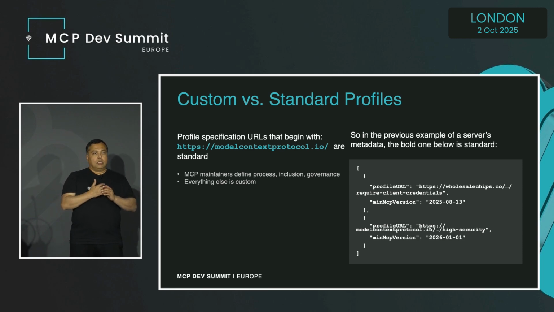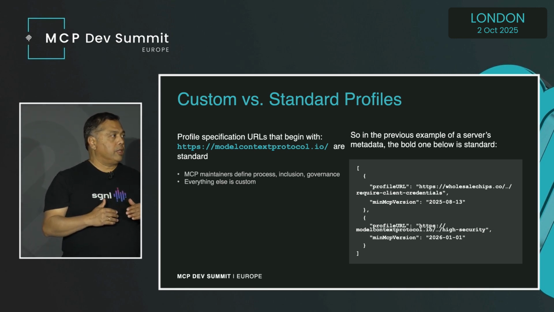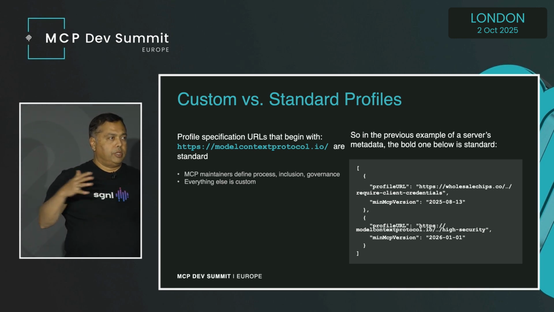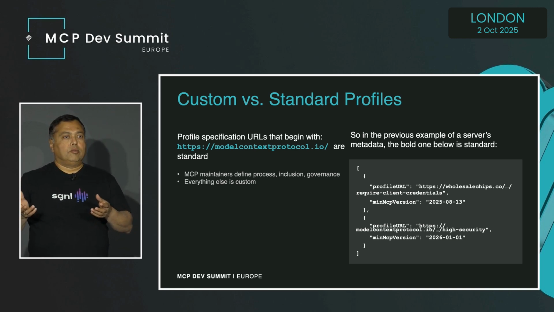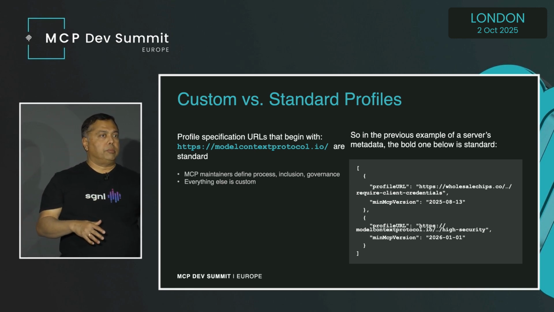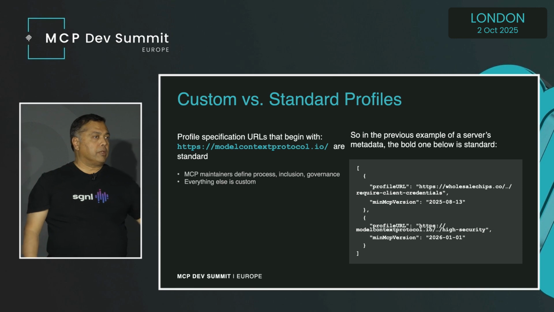So let's say we all come together and say there is a high security profile, and we define it within the MCP repository. That is what we are calling a standard profile, whereas everything else that is not in the MCP repository becomes a custom profile.